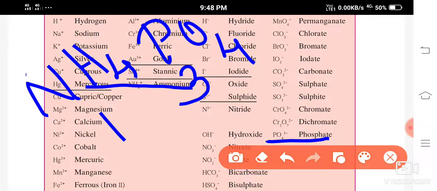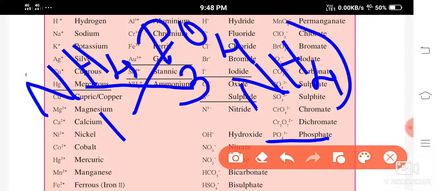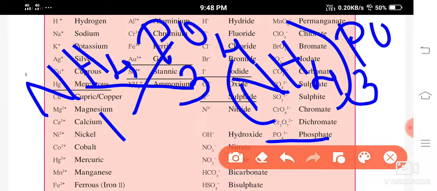So this 3 is going to go to NH4 and PO4 will take up 1. So it's going to be NH4 thrice PO4.